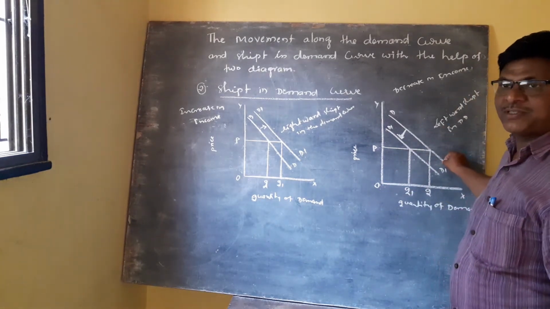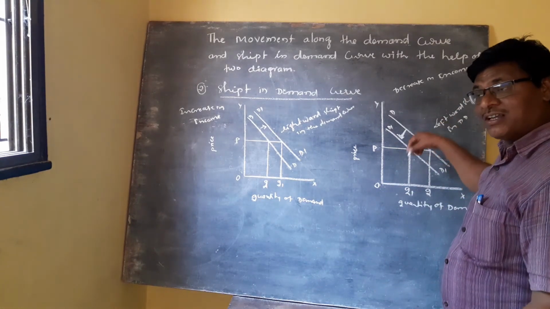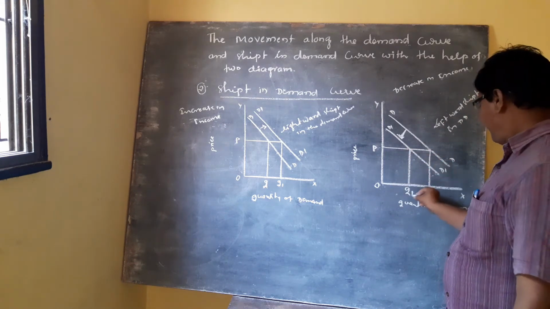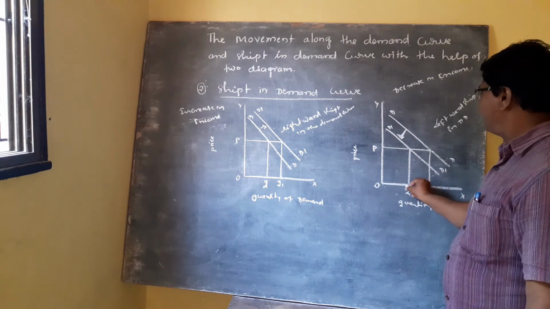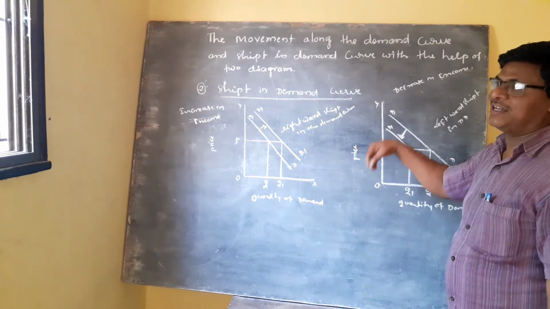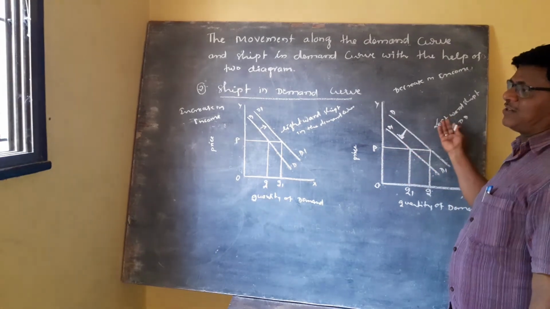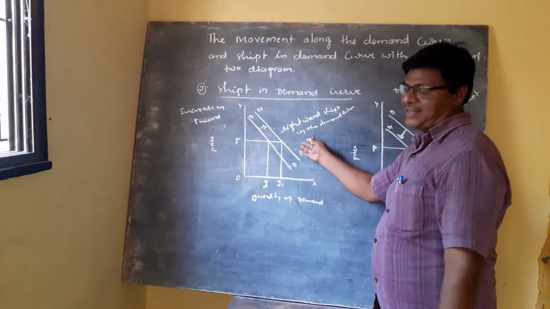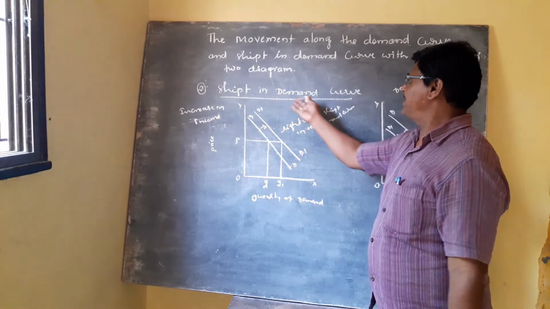The demand curve shifts from right to left, meaning D to D1, OQ to OQ1. It is the shift in the demand curves, rightwards to leftwards and leftwards to rightwards. It is called the shift in demand.